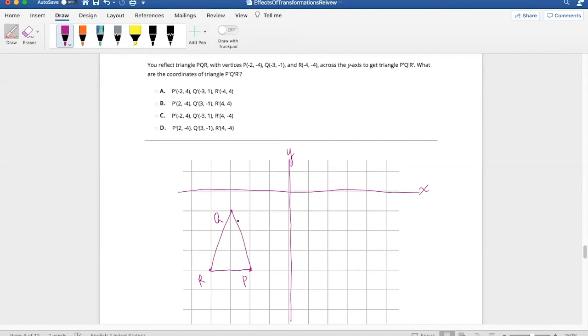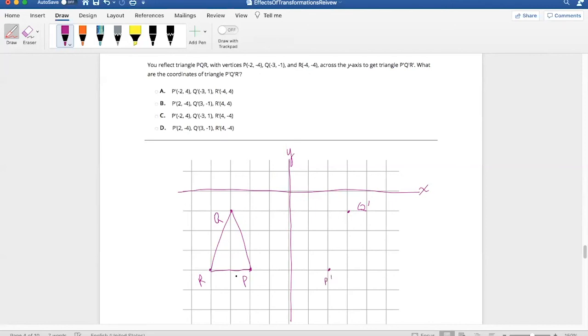And a reflection across the y-axis means each point will just be on the opposite side of that y-axis. So this is 3 to the left of the y. If I reflect it, it's going to end up 3 to the right. And that would be my Q prime. P is 2 away. And so when I reflect it, it's going to end up 2 to the right.